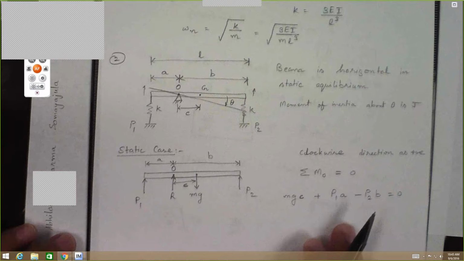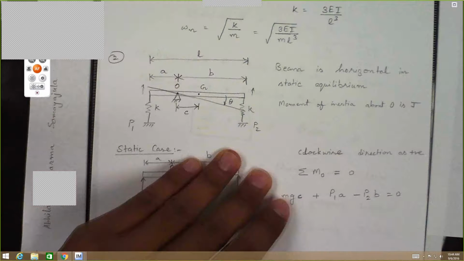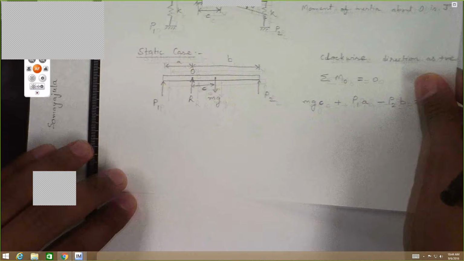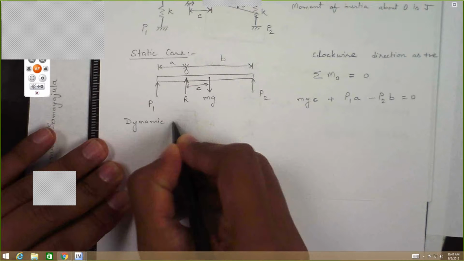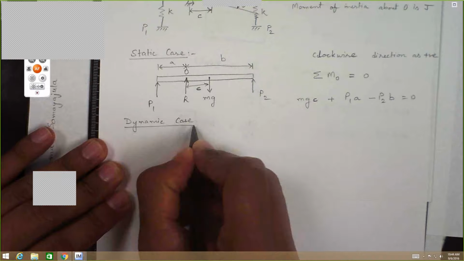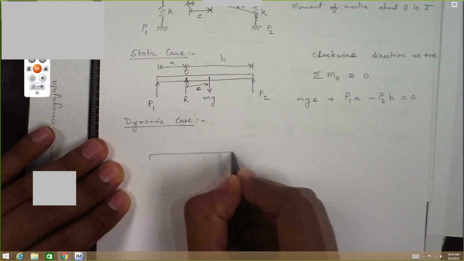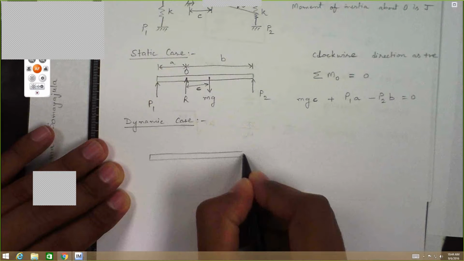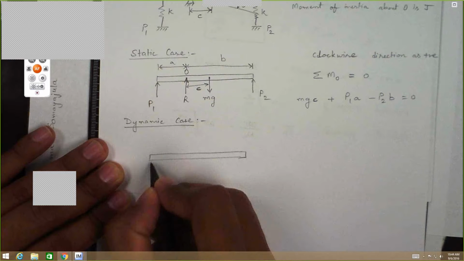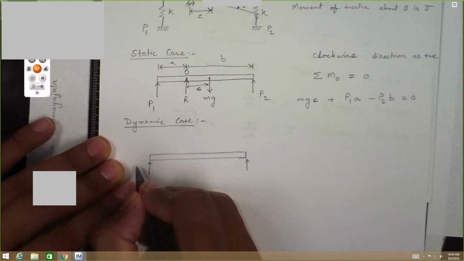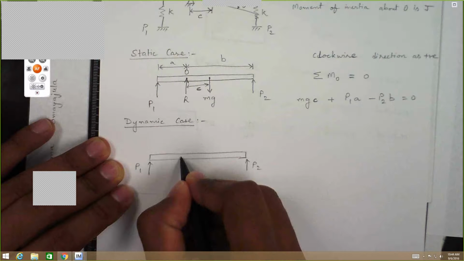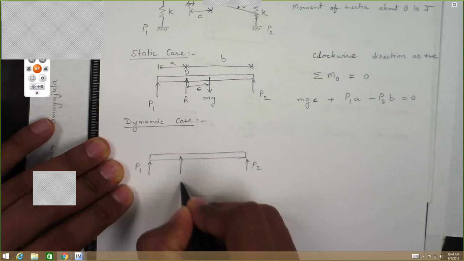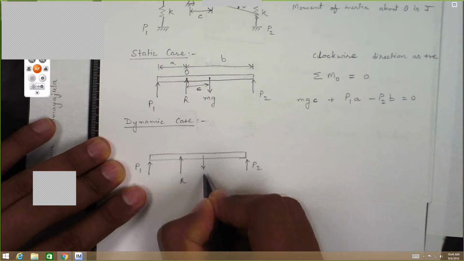Now let's consider the dynamic case. In the dynamic case, again, we have the same forces, P1, P2, the reaction R, and then mg.